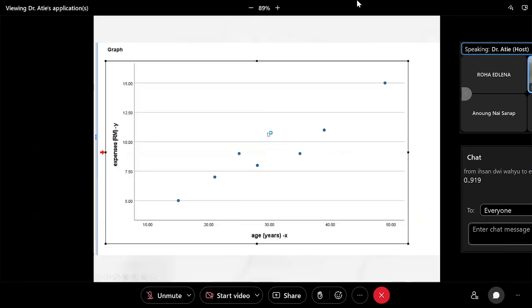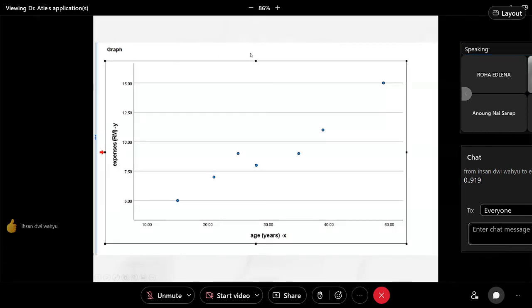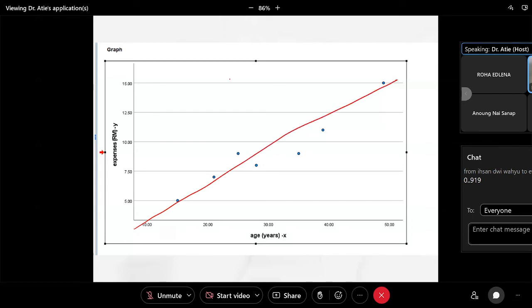For the last part, D, this is the scatter plot. You can also make a conclusion from the scatter plot. You can comment that from the scatter plot, X and Y have a positive relationship, or R is positive.